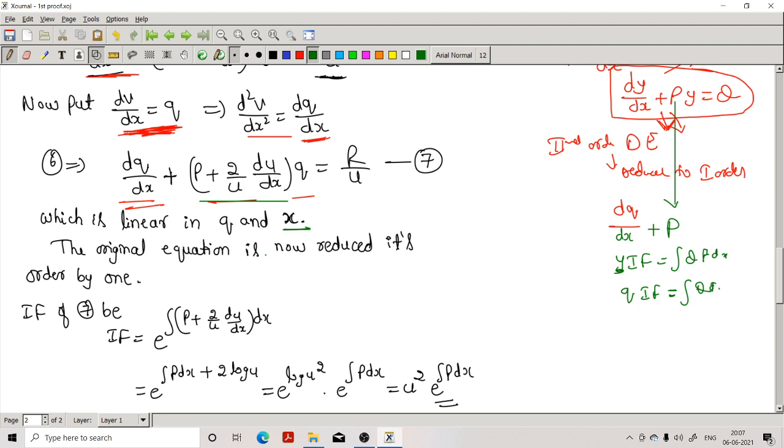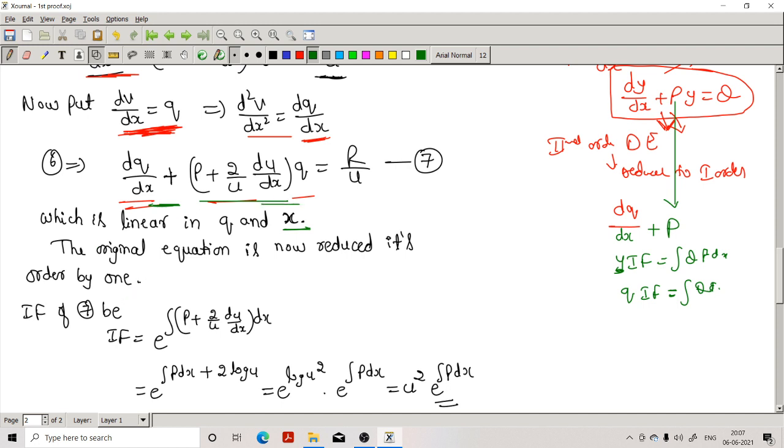So that is the solution of this differential equation, which is linear in q and x. The original equation is now reduced in order by 1. The original equation is d square v by dx square plus p, that is a general form of second order linear differential equation, that reduces to this equation. Therefore it is reduced by 1. Therefore we call it reduction of order.